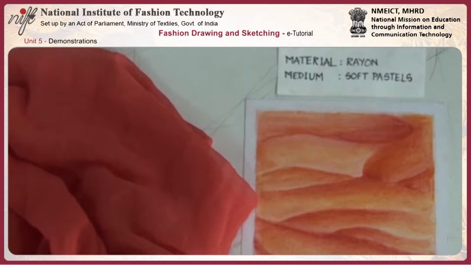The folds of the fabric have been observed carefully and then rendered using soft dry pastels. There is an interplay of light and shadow in the rendering that makes the rendering look more attractive.